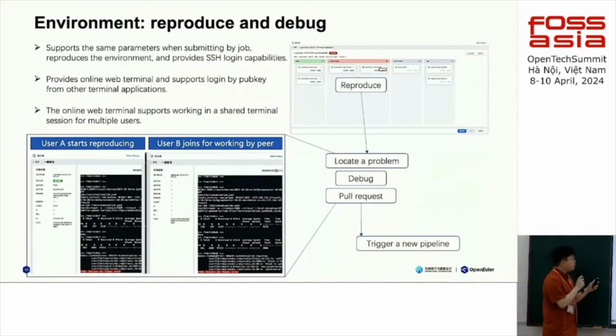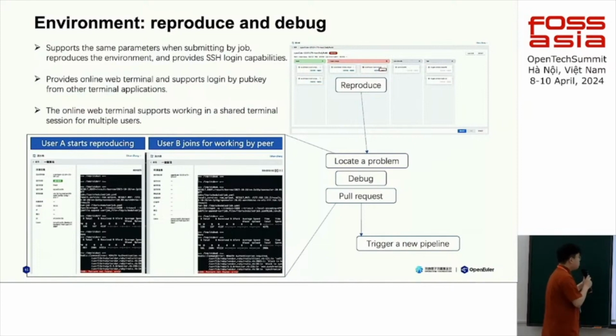And when your workflow, your pipeline, hits some errors, like a job fails, you could click the button to reproduce the same environment easily.